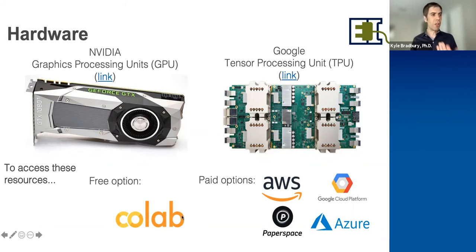There's a free option called Colab that you can use for some of this work. And there are a number of paid options in this space to give yourself access to it. Your respective institution may also have access to GPUs. For those at Duke, we do have some GPU servers available if there are such needs, and we can connect you with folks to help explore those options. So this is one thing that is important.